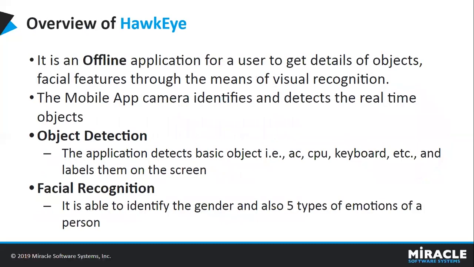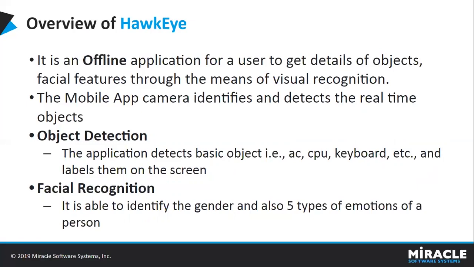Let's see the overview of HawkEye. HawkEye is an offline application for a user to get details of the object's facial features through the means of visual recognition. The HawkEye application uses the mobile app camera, which can identify and detect real-time objects. Here, we'll be using two things, object detection and facial recognition.